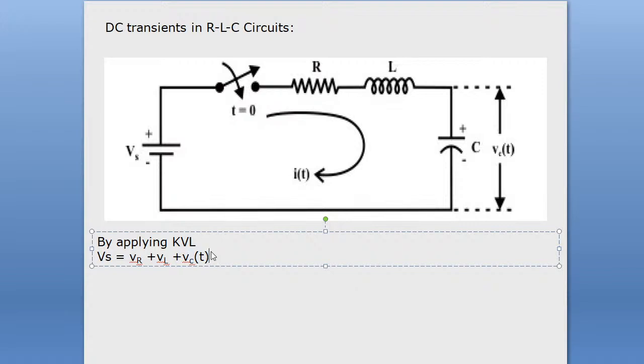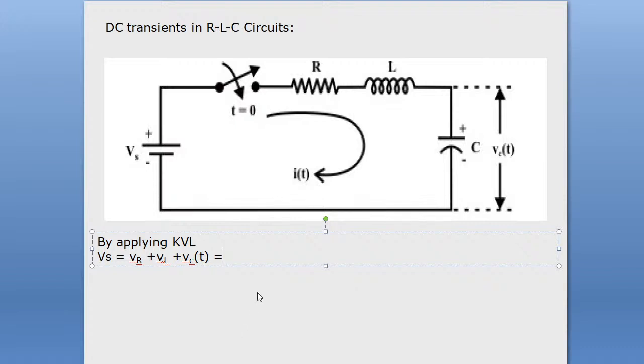Now we can write these voltage drops as a product of the current and their corresponding properties, I mean resistance, inductance, and capacitance. So everyone write the expression of the voltage drop across R, across the inductor, and across the capacitor as a product of current and their properties.